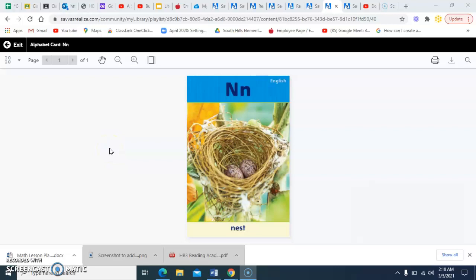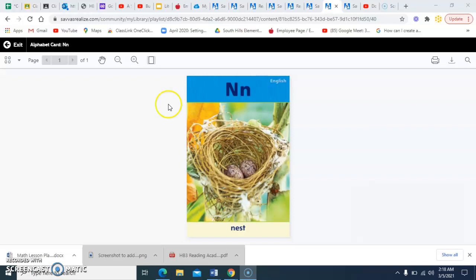Our letter that we're focusing on today is letter N, and just make sure that you do the sound where your tongue goes up. And think about the letter M, you have to put your lips together to make the sound.